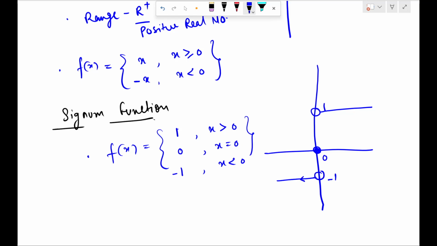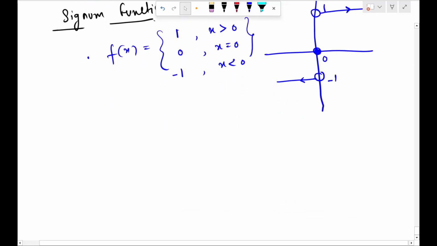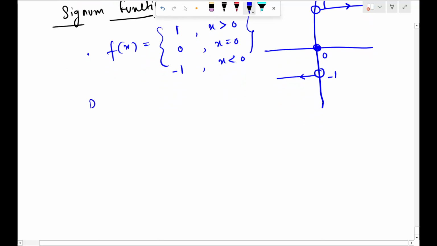So this graph will look like this. Its domain is R, the set of all real numbers, and range is minus 1, 0 and 1.